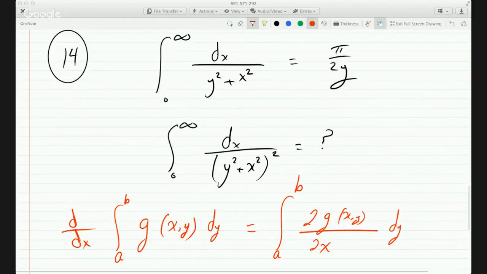Okay, so I'm going to differentiate the above integral with respect to y using this.